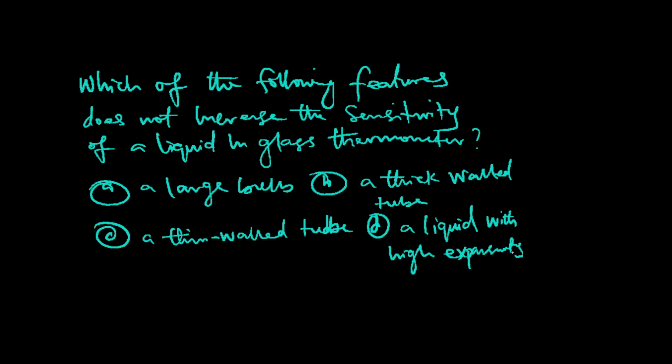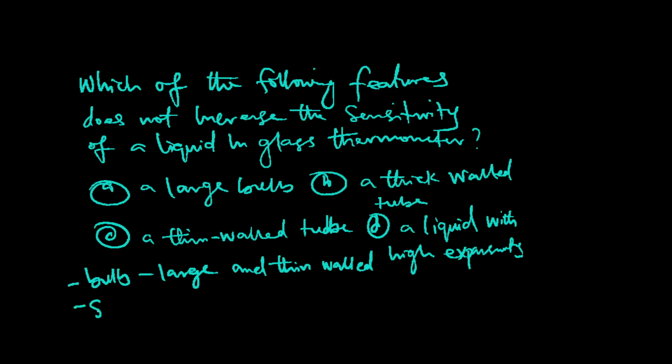Now, because we didn't mention this in class, for those of us that don't know what really affects the sensitivity of a liquid in glass thermometer, number one, the bulb. The bulb has to be very large. If the bulb is large and thin walled, it increases sensitivity.